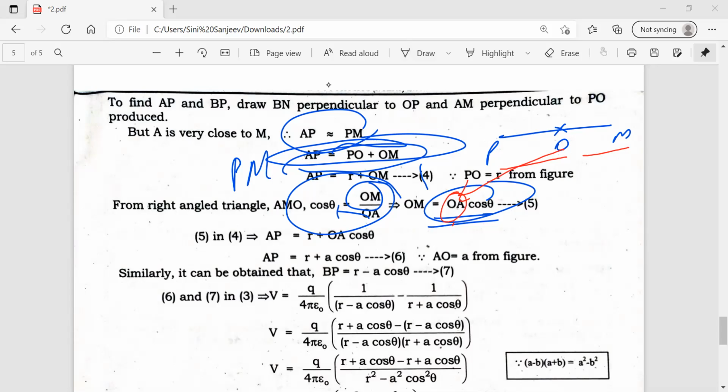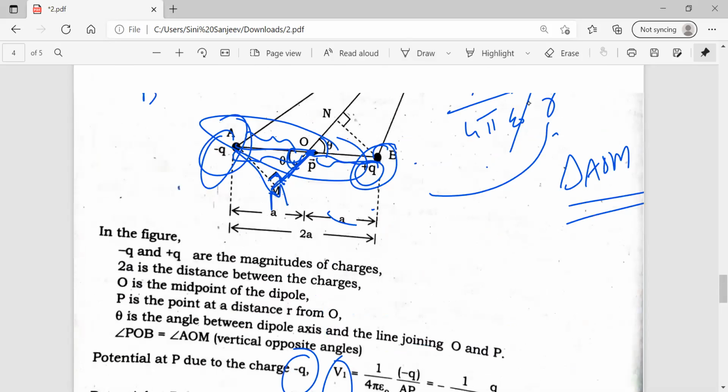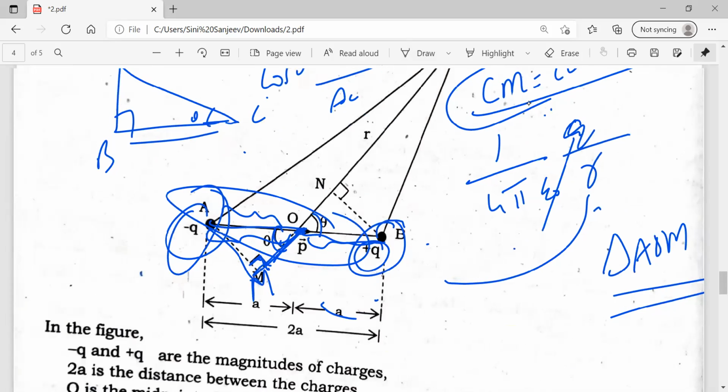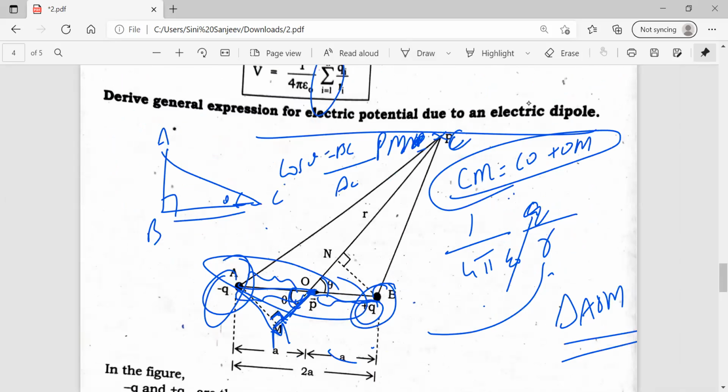Again, for that I have to show you the diagram, then only it will be clear. We can see clearly the R. Here I'll write PM to avoid confusion. So PO plus OM.